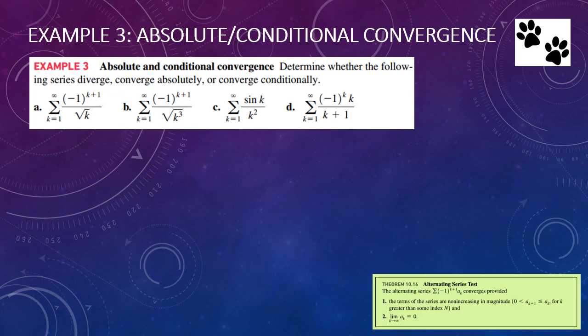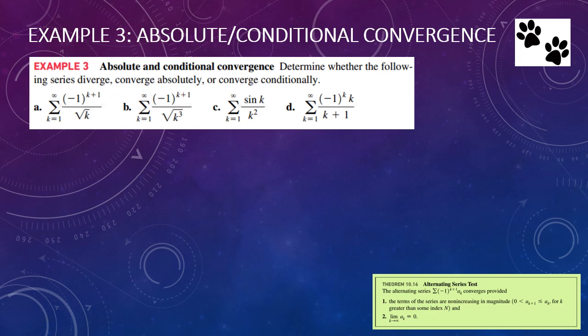So let's look at our final example, example 3, determining absolute or conditional convergence. Determine whether the following series diverge, converge absolutely, or converge conditionally. Let's look at part A. The series from k equals 1 to infinity of (-1)^(k+1) over the square root of k.